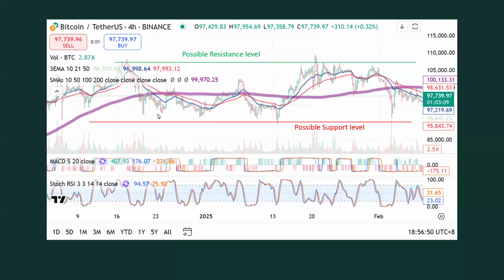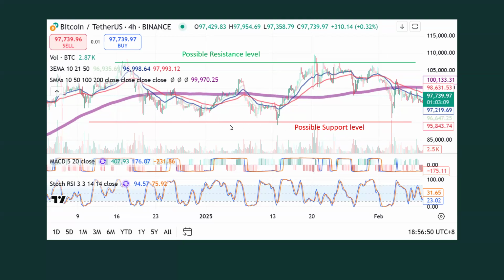So let us take a look at this graph. In the graph, there are a lot of possible resistance levels and also possible support levels. Just take a look at this level. When we draw a support line level, we line up all the lowest points of the graph, and this will be the support level.